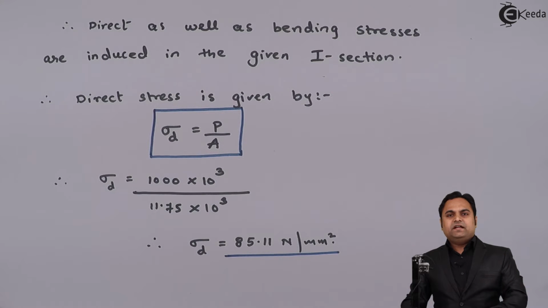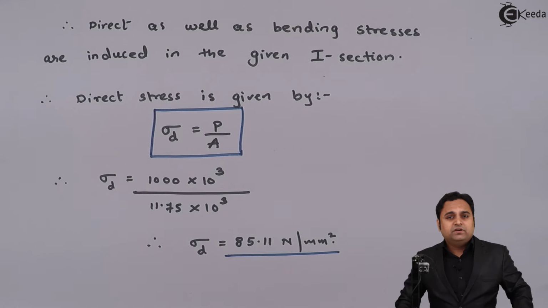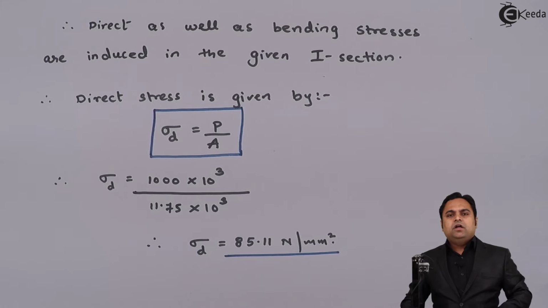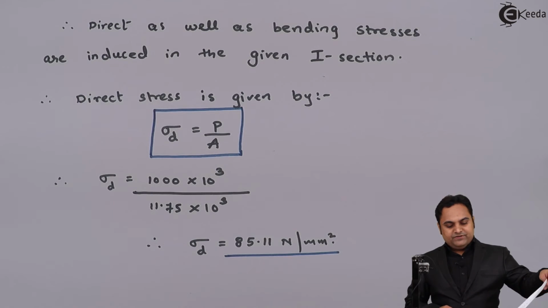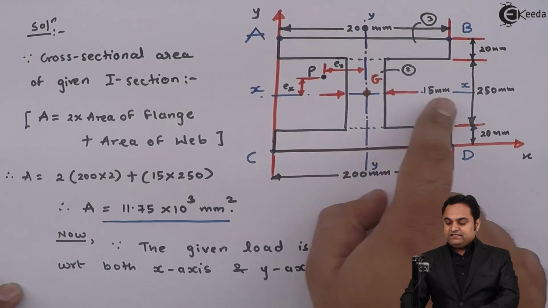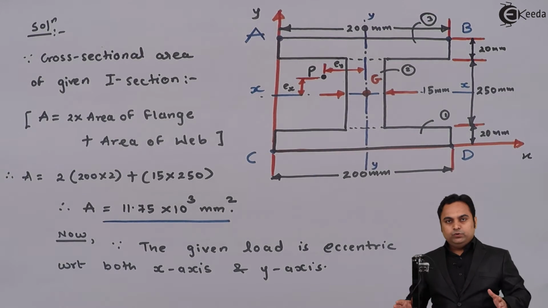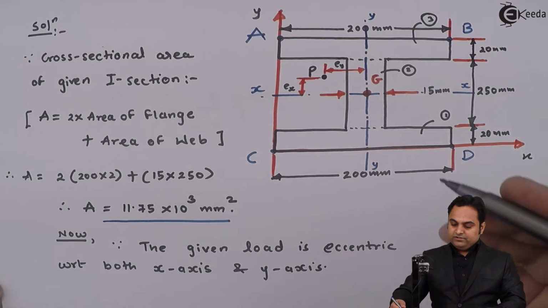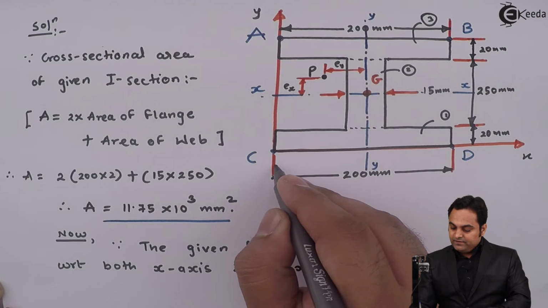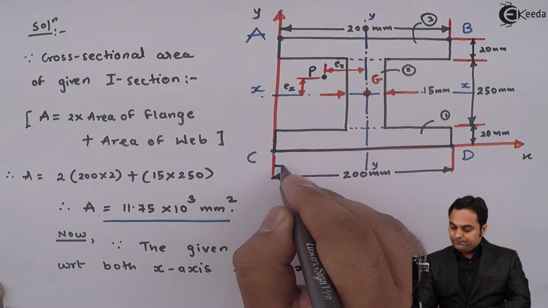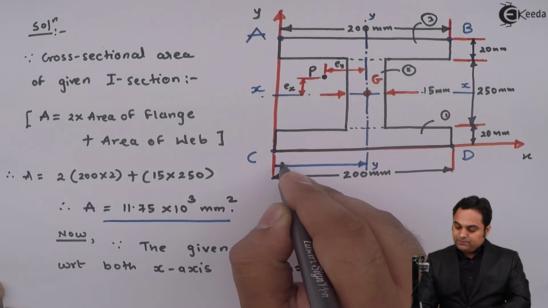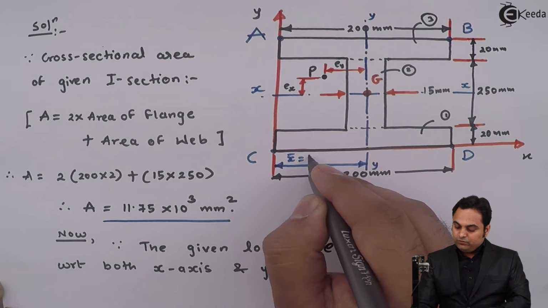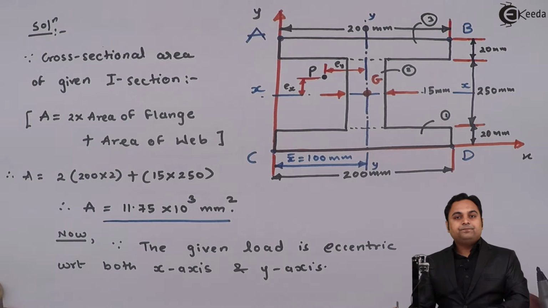Now after getting direct stress we need to find bending stress, and before calculating that, we should have the value of moment of inertia about both the centroidal axes. Since here we have x axis and y axis, we need to know their distances. So as the section is symmetric, this y axis is located at exactly half of 200. So x bar is equal to 100 mm.